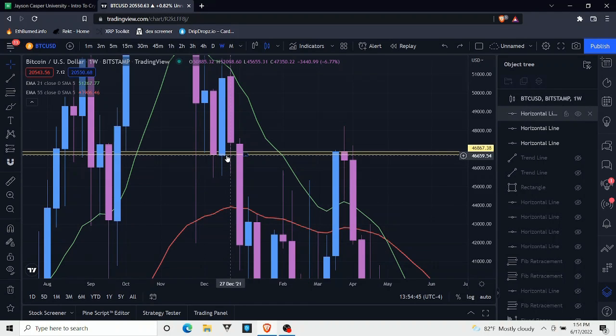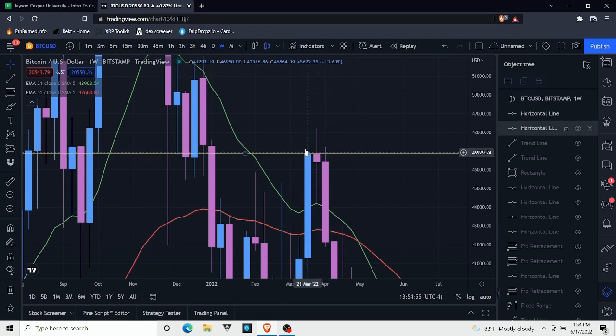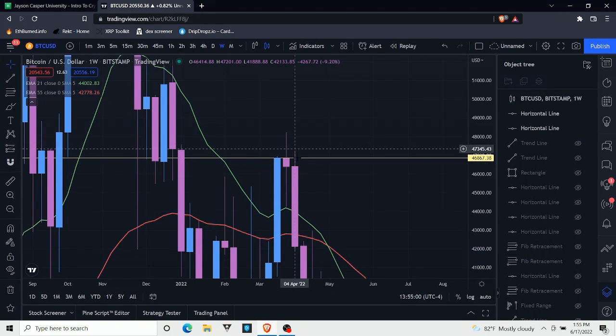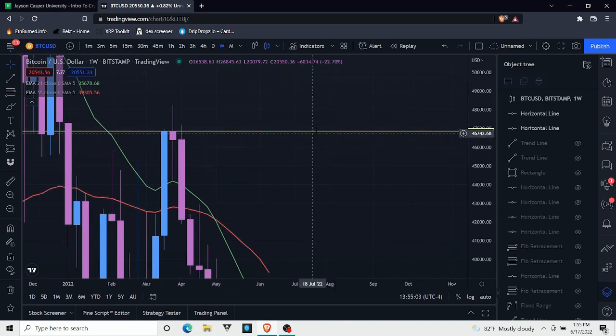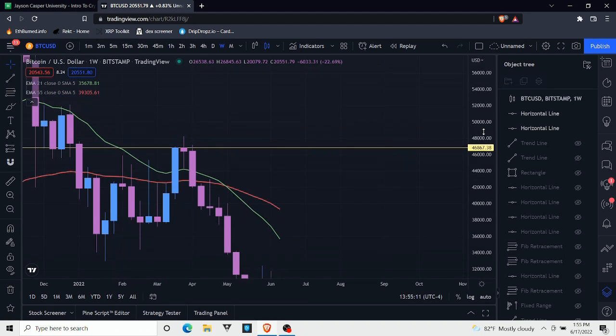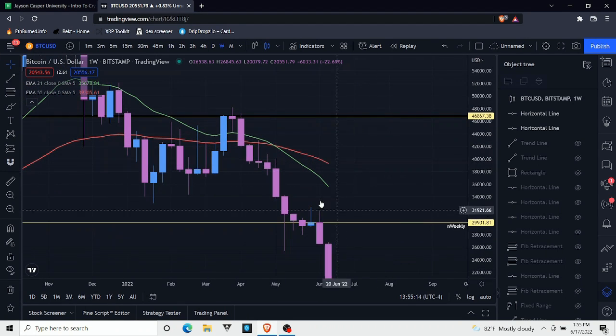So you could say that this level is no longer as significant as this level right here because we just formed it recently and we only had one price touch off of it. So we could still consider this a pretty significant weekly level. Now, there's no exact science to what levels are still significant, what levels you should delete because they're no longer significant, but the way that you can use old levels that aren't as significant anymore is you can look for confluence with other levels like fib levels, volume levels, moving averages.